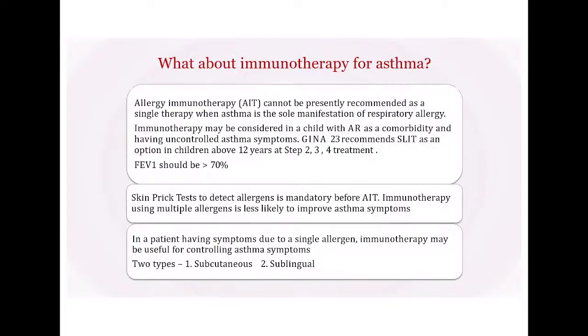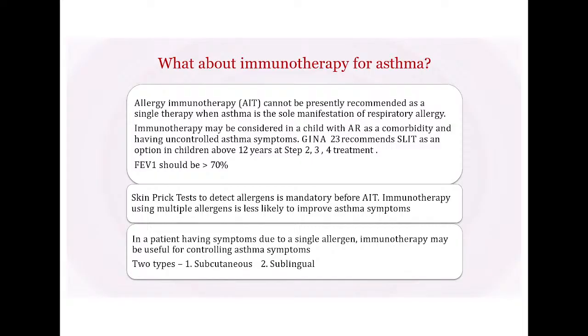Now coming to immunotherapy, which is a much discussed topic. Allergic immunotherapy cannot be recommended as a single therapy for asthma. Asthma treatment is what we have been talking about for the last 2 days, and immunotherapy may be considered in a child if there is some comorbid condition along with asthma.